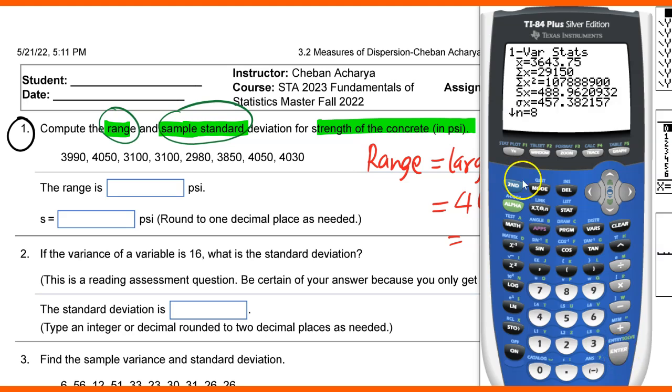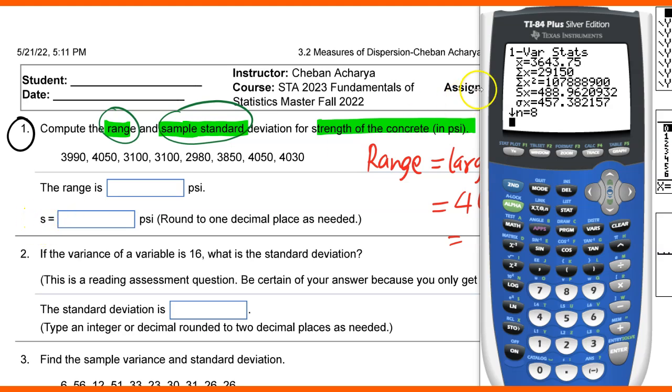You see the standard deviation here, Sx and sigma x. The first one is the sample standard deviation. The second one is the population standard deviation. Since this is sample data, I'm looking for the sample standard deviation, Sx. Notice that we have just a lowercase s here.